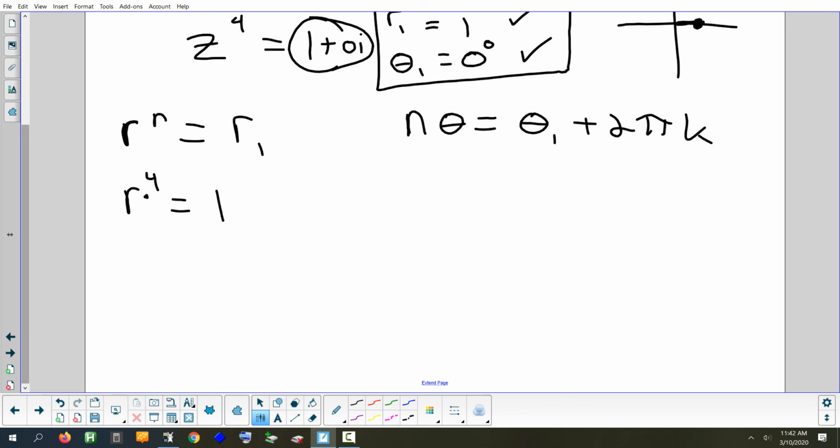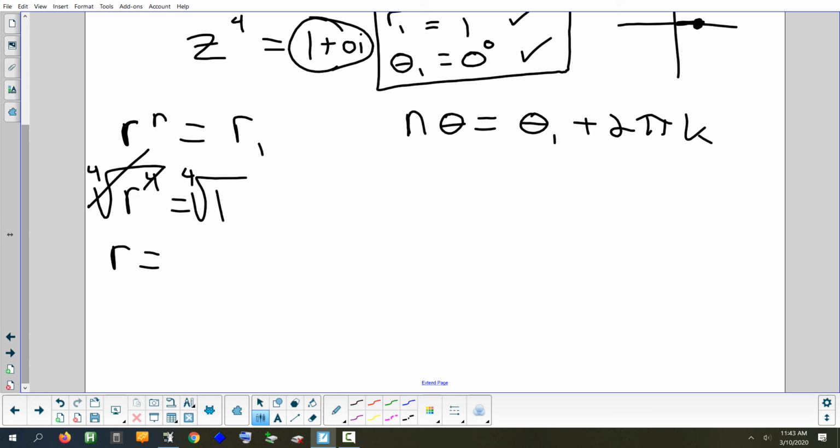Jacob, how do I get rid of this fourth power? On the root, what kind of root? Root 4. Yeah, find a fourth root. To get rid of a fourth power, you do a fourth root. That's gone.